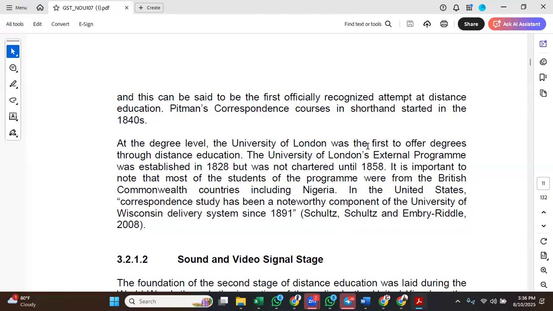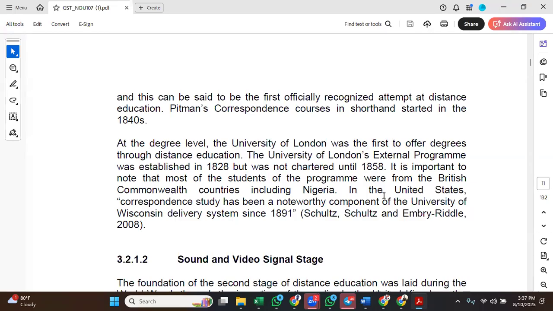Now, he said the first example of the person that was doing correspondence learning was Isaac Pitman. He was doing that through mail. That was the second thing he said. Now, the third thing, through shorthand. Yes, and the third thing he said was that the United States had correspondence study. That means they were also practicing it in the US and Nigeria too. Do you understand? That's what he was trying to say.